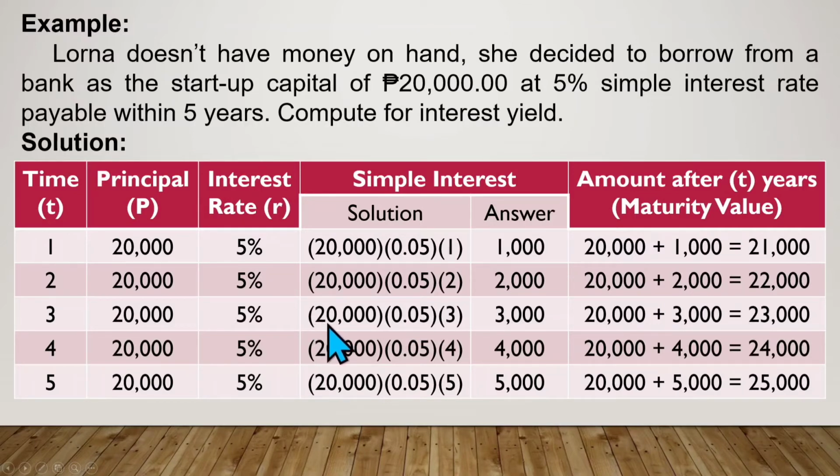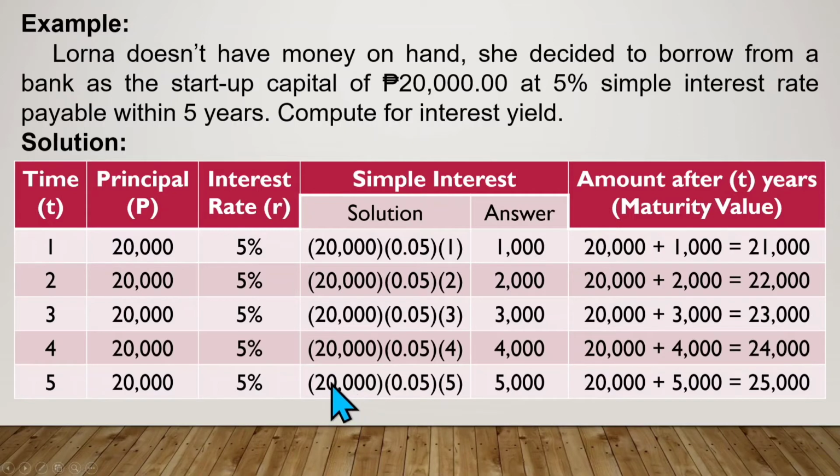Next, on the third year, 20,000 times 0.05 times 3 is 3,000. Then the maturity value, principal plus the interest, 20,000 plus 3,000 is 23,000. Next, we have 20,000 times 0.05 times 4 for the fourth year is equals to 4,000. And then again, for the maturity value, principal plus the interest, 4,000, we have 24,000.